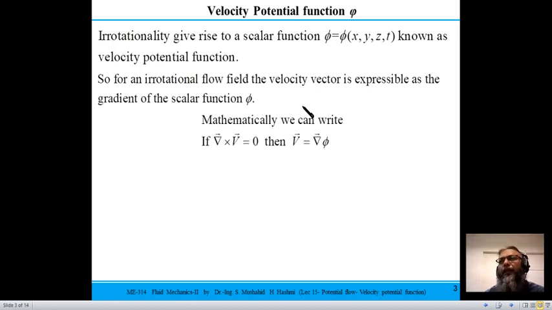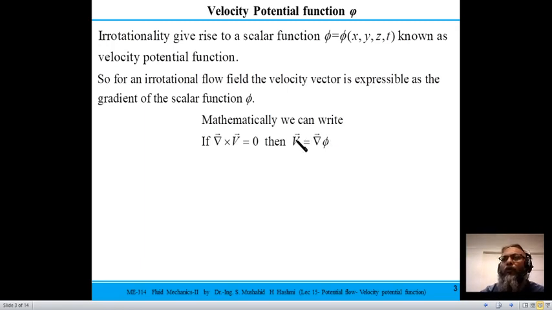Mathematically, this is only true when the condition of irrotationality exists. Then we can say that the velocity field would be just the gradient of that scalar function, and that scalar function has been named the velocity potential function.